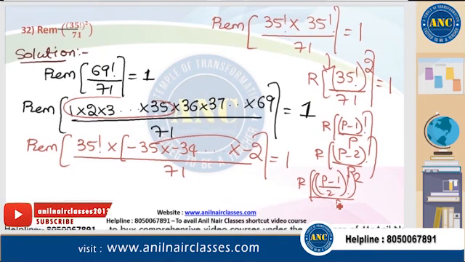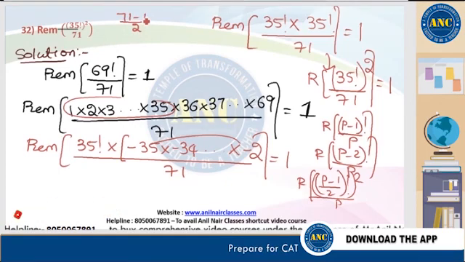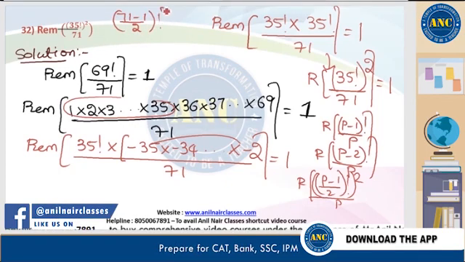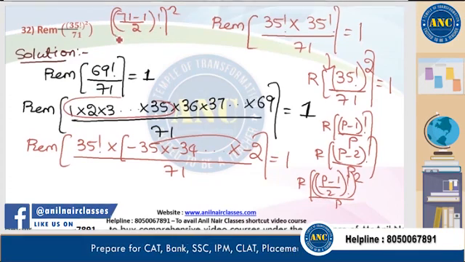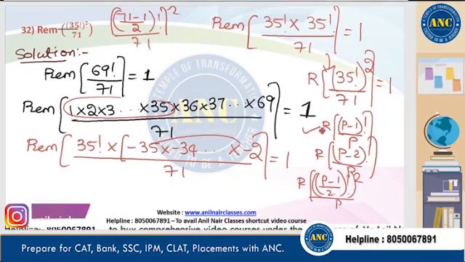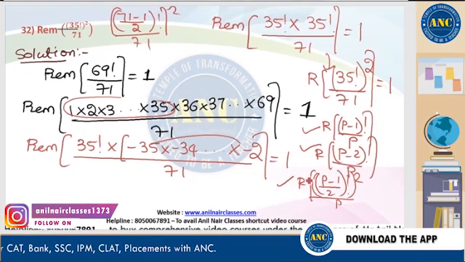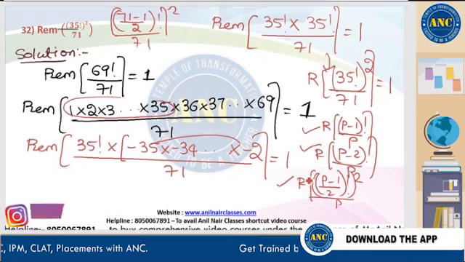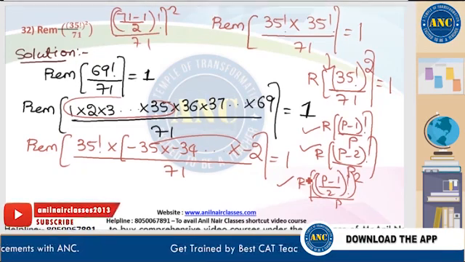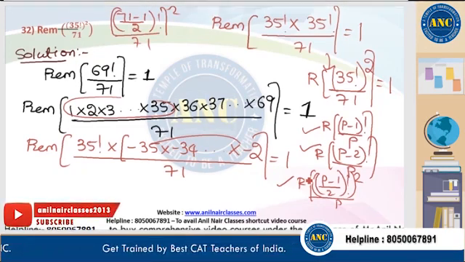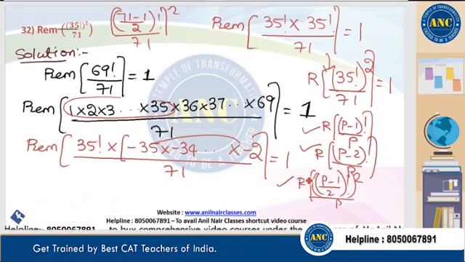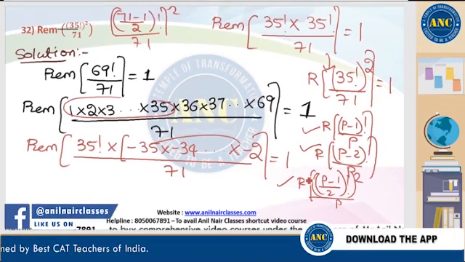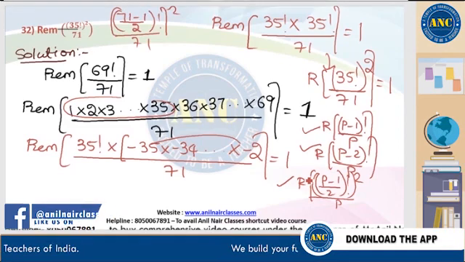See, 71 minus 1 by 2, 70 by 2, 35 factorial whole square divided by 71. Three patterns we did: p minus 1 factorial, p minus 2 factorial and p minus 1 by 2 factorial whole square, when divided by p. I hope the idea is clear.